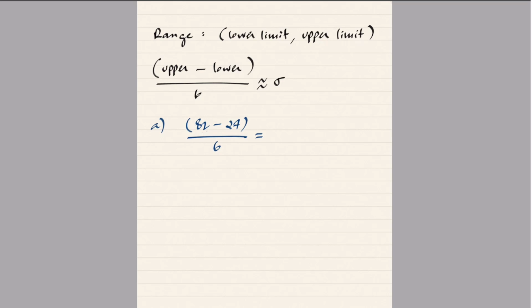If you take the upper minus the lower and divide that by 6, that gives you a ballpark estimate of your standard deviation. For the distribution pictured in part A, the range is from a high of 82 to a low of 27. So if you take 82 minus 27 and divide it by 6, that gives you an estimate of your standard deviation. Let's see what it is.